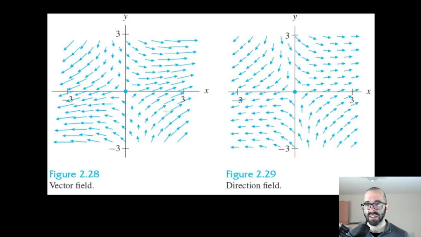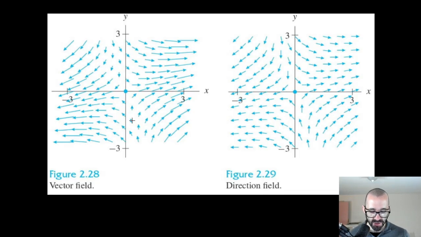We can really see what's happening in terms of speed. A lot of times we don't really like vector fields because they can be pretty hard to read, since the vectors can do nutty stuff, whereas direction fields are much nicer to show us where things are going. But for this, I think the vector field's actually very nice.